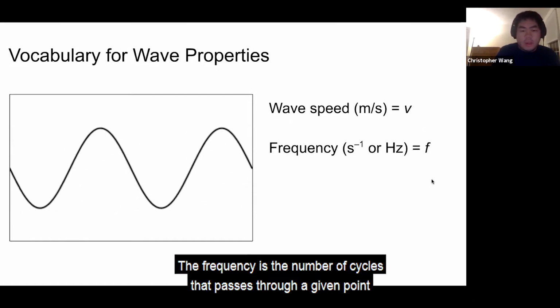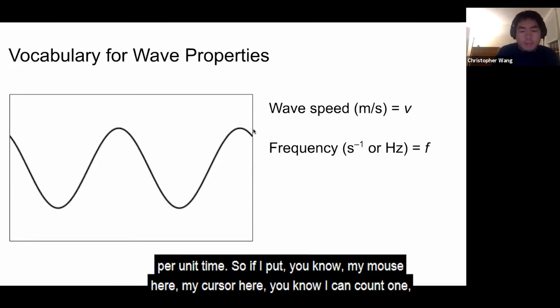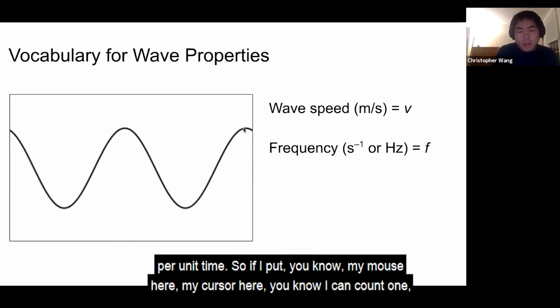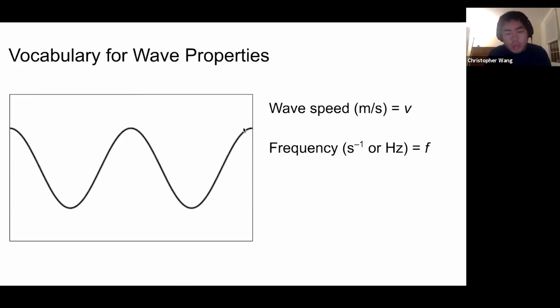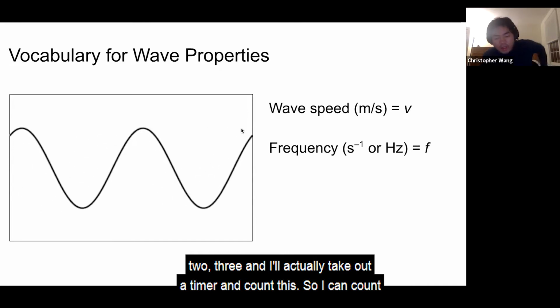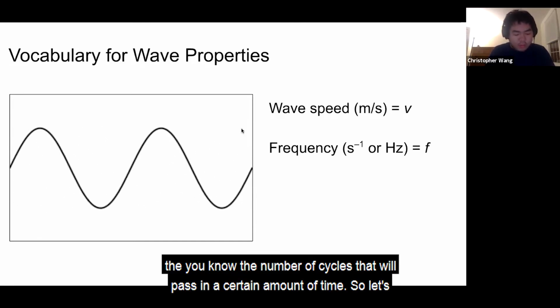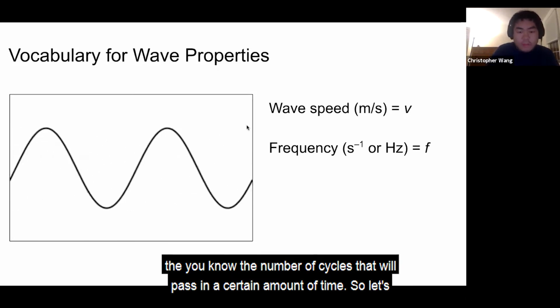The frequency is the number of cycles that pass through a given point per unit time. If I put my cursor here, I can count 1, 2, 3, and I'll actually take out a timer and count the number of cycles that pass in a certain amount of time.